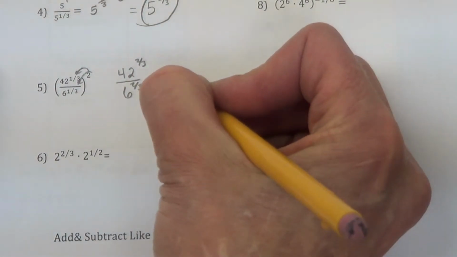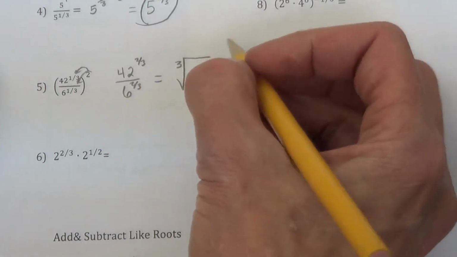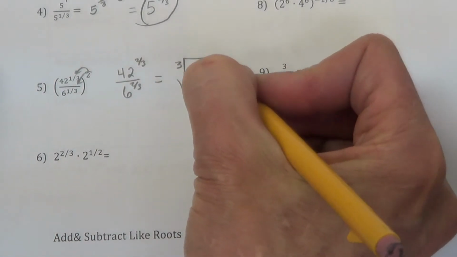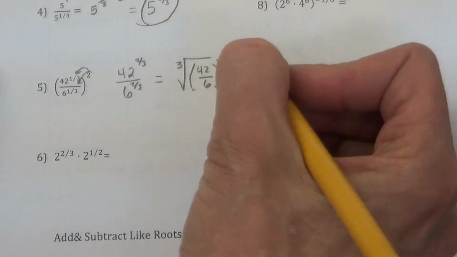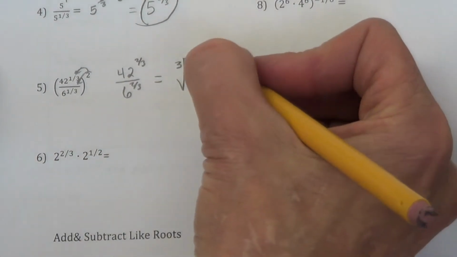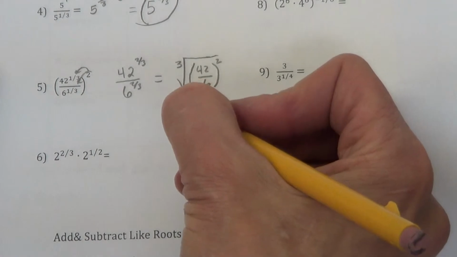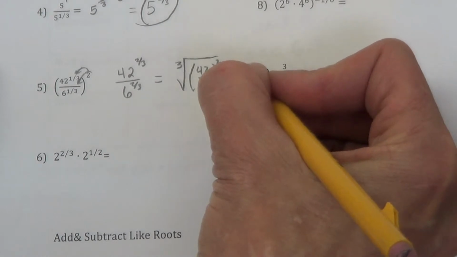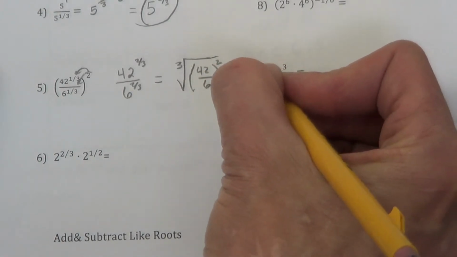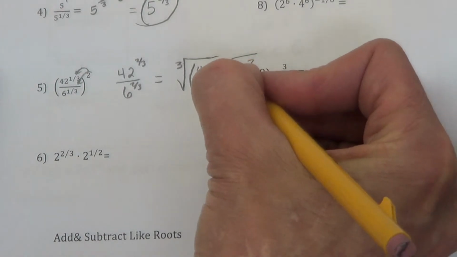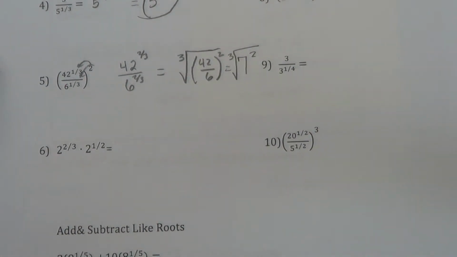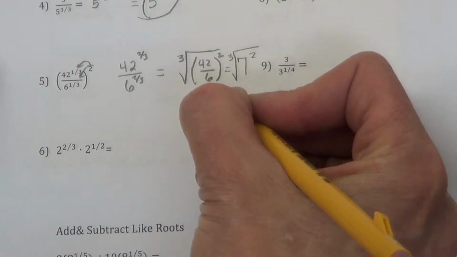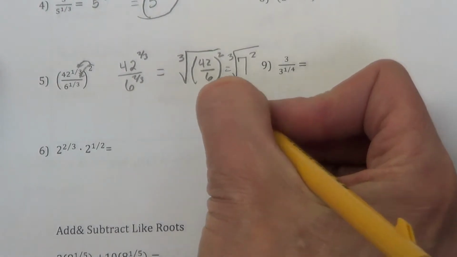This would be the cube root of 42 over 6 squared. Well, we know that 42 over 6 is equal to 7, so we can at least make that equal to 7. It would be 7 squared inside of the cube root, and since we want the answers written in rational exponent form, we could bring it back out to being 7 raised to the power of 2/3.